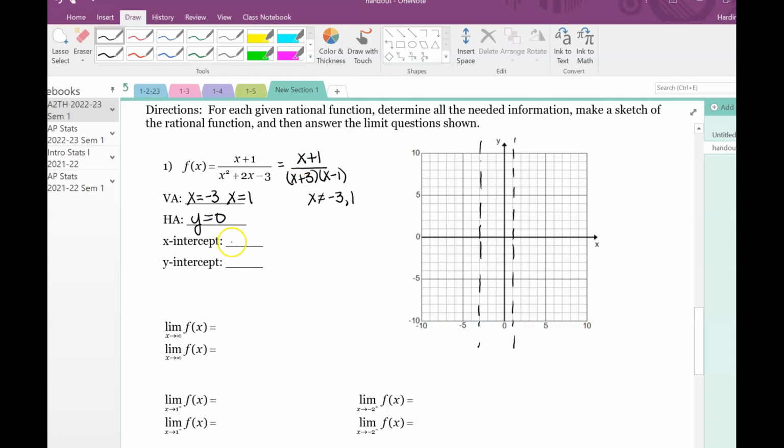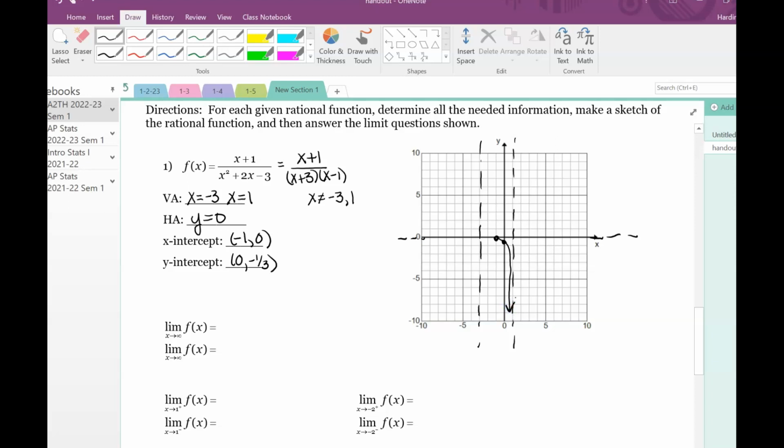X-intercept, what makes the numerator equal to 0 is negative 1. And the y-intercept, what do you get when you put 0 in for x? You get negative 1/3. Let's put all those in here. So horizontal asymptote, x-intercept, y-intercept.